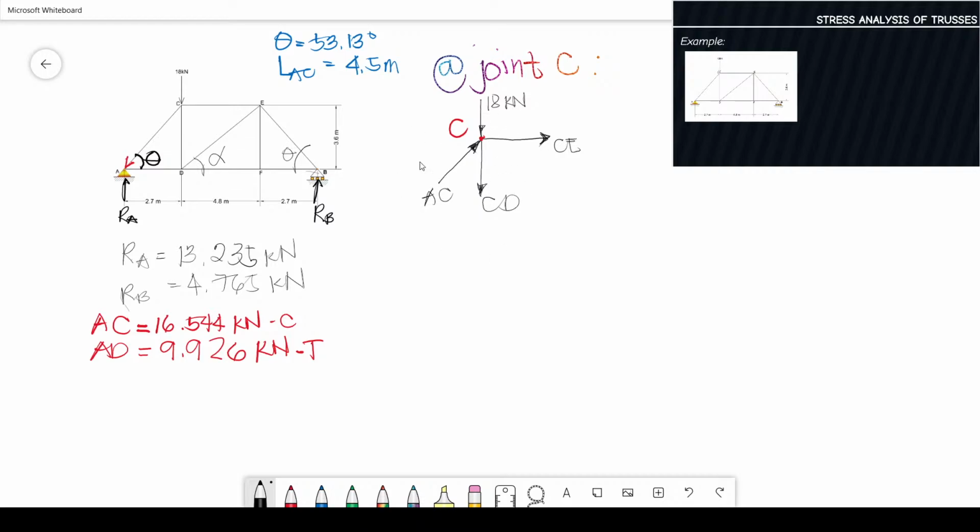So with summation of Fx, we get CE directly. With summation of Fy, we get CD, correct? Let's proceed.